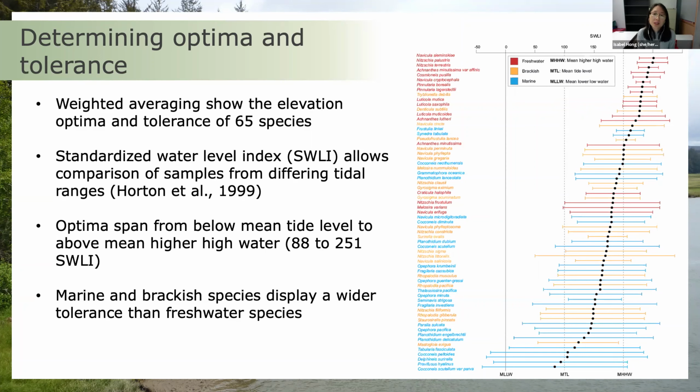freshwater diatom species that tended to have very narrow elevation tolerances, marine and brackish diatom species tended to have much wider elevation tolerances. And actually what we found in addition to that is allochthonous species, or species with allochthonous components, for example, Cocconeis scutellum or Paralia sulcata and Planothidium delicatulum, were observed across multiple environments.